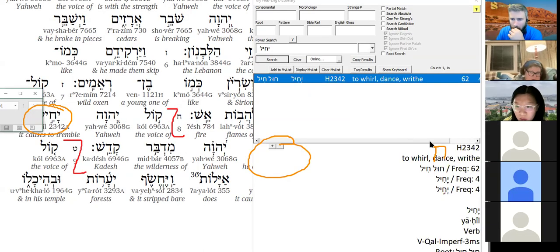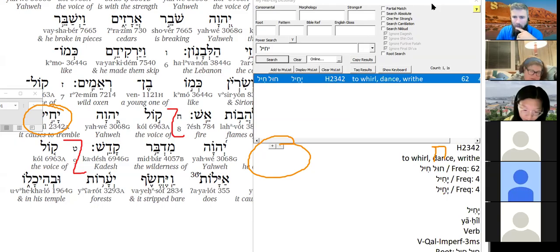Okay. What's the root there? Well, it says that it's chet vav lamed or alternatively chet yod lamed, but I don't think it's the same root as hayil, like strength or army. Yeah. So I mean, it's possible that we're looking at two different letters. Chet, possibly. I don't know. But yeah, it says it has to do with writhing.